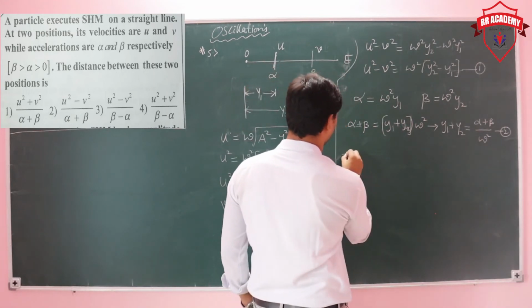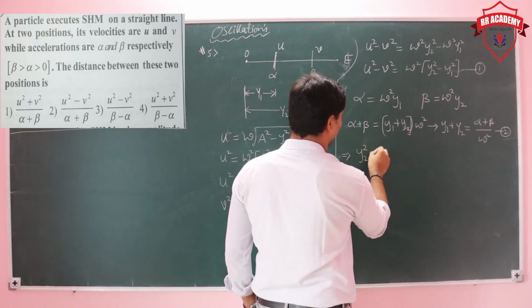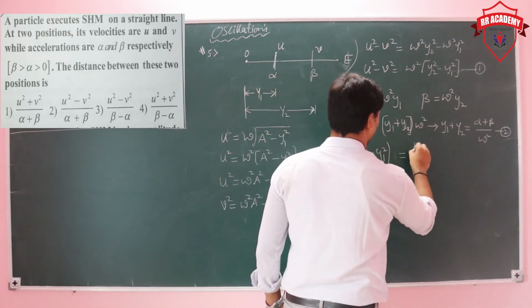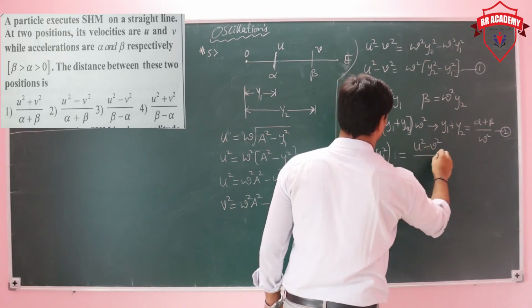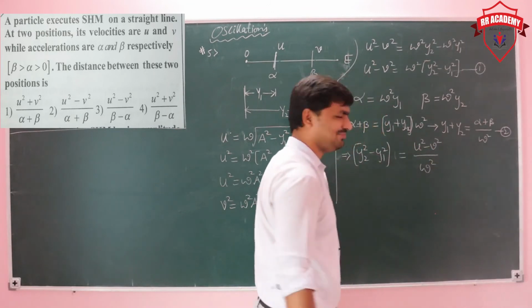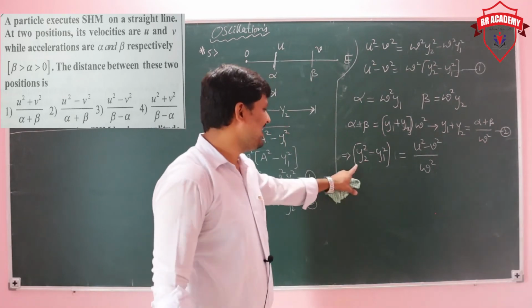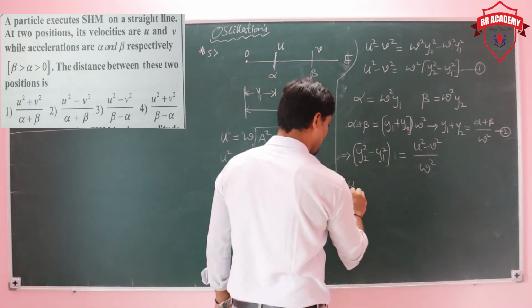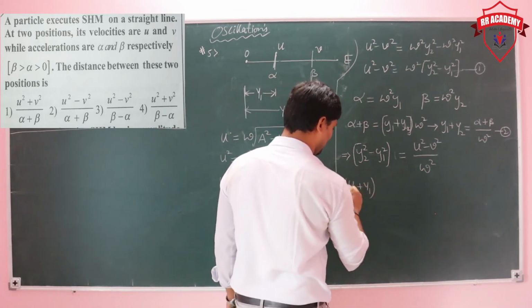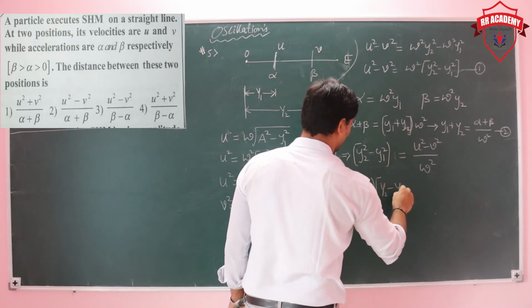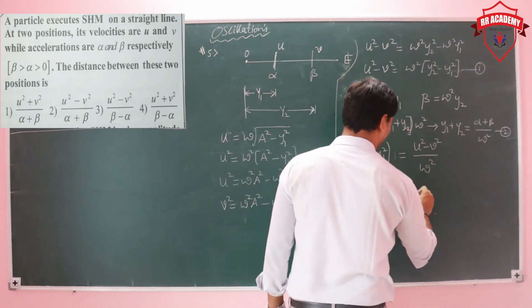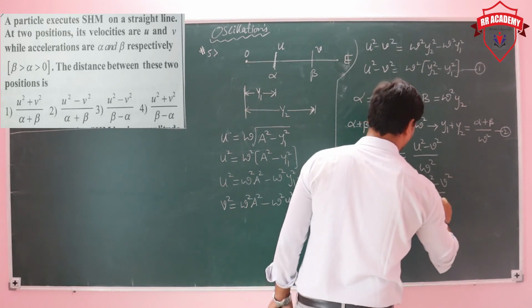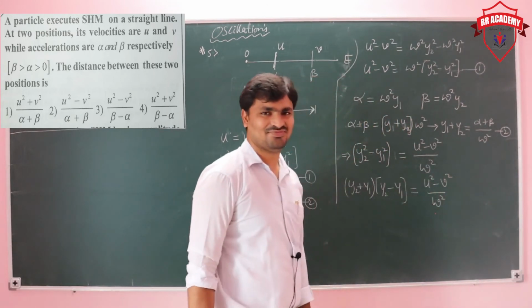Equation 1, what can you write? Y2 square minus y1 square is equal to u square minus v square upon omega square. Right? Yes. A square minus b square is a plus b into a minus b. So y2 plus y1 into y2 minus y1 is equal to u square minus v square upon omega square.